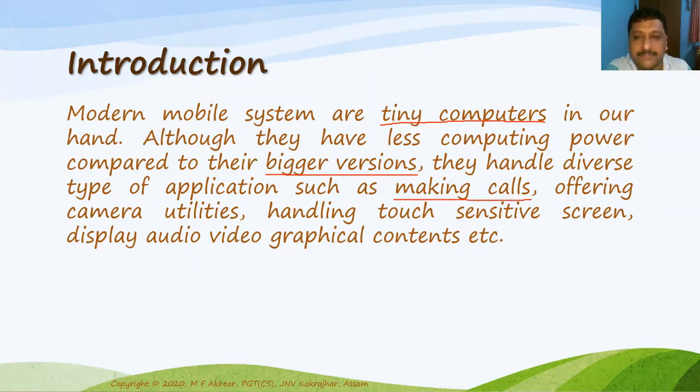Camera utilities means we can take pictures. Handling touch sensitive screens means all mobile systems basically come with a touch sensitive system. By using touch we can do our work, give instructions, and type some things. And also display audio, video, graphics. These contents can be played on a mobile system.